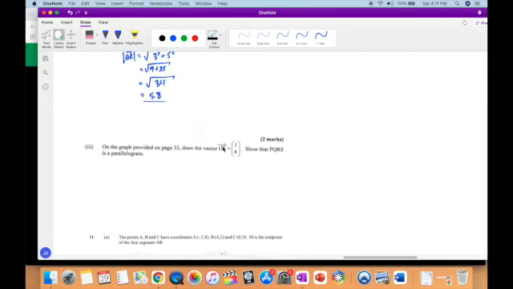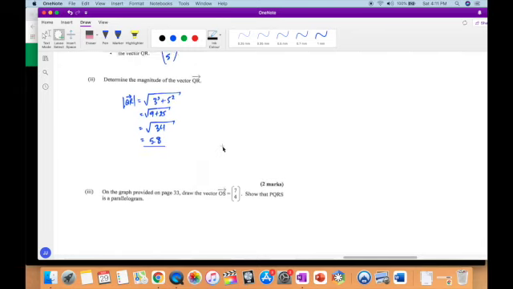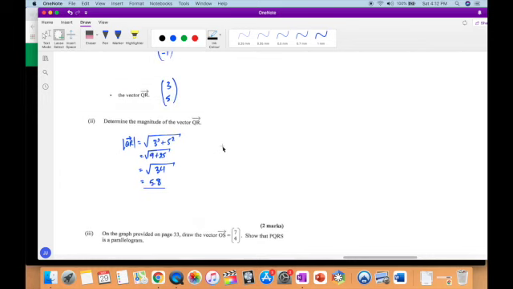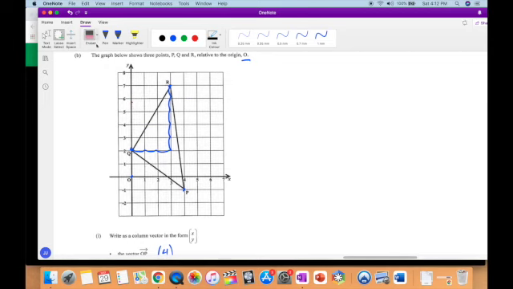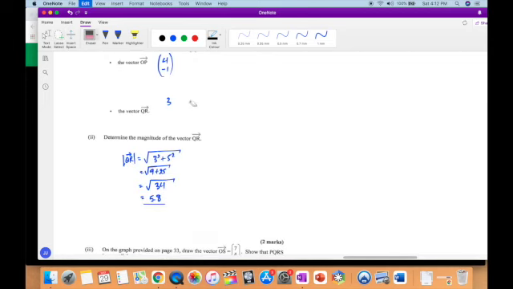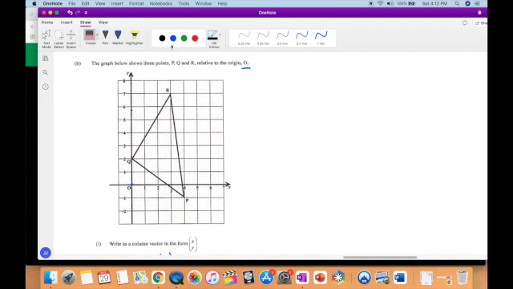All right. On the graph provided on page 33, draw the vector OS, which is (7, 4), and show that PQRS is a parallelogram. So the vector OS is 7 on the horizontal and 4 on the vertical: 1, 2, 3, 4.